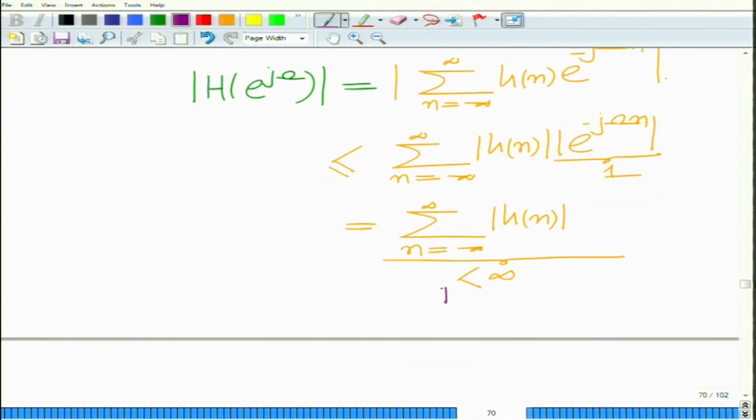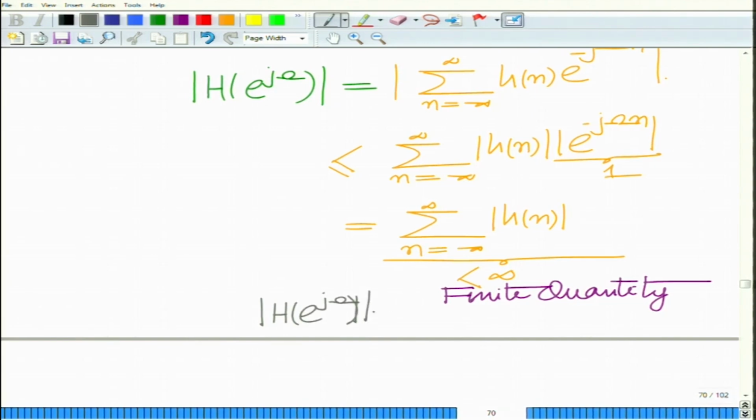This quantity is a finite quantity, and therefore this implies the magnitude of H(e^{jω}) is less than or equal to a finite quantity. Because this is a magnitude, it is a positive quantity, greater than or equal to 0.